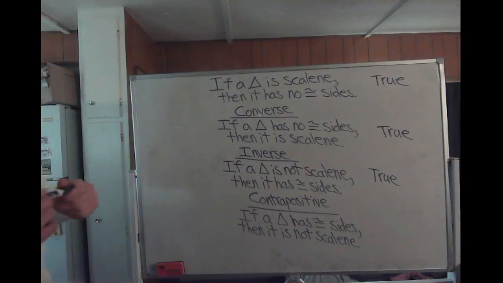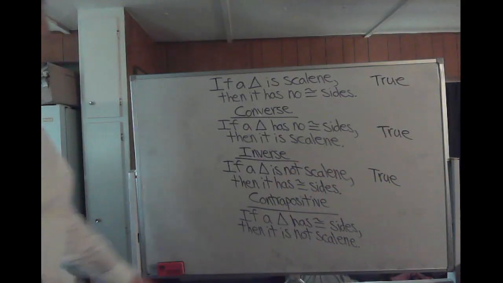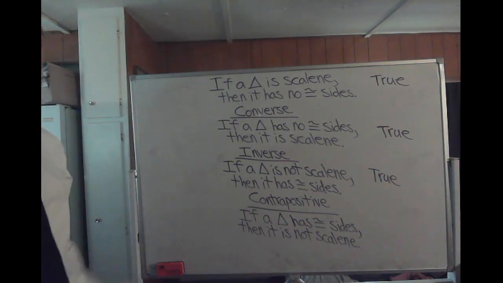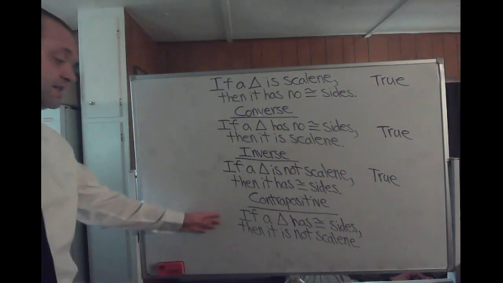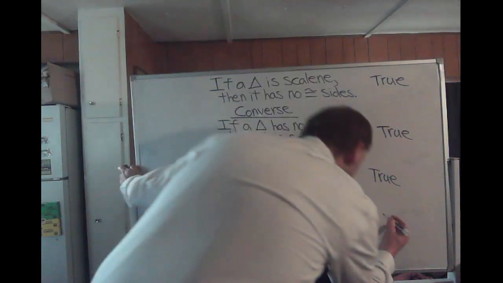If a triangle has congruent sides, then it is not scalene. Well, the only other two types of triangles are isosceles and equilateral, and both of them have at least two congruent sides. The equilateral has all three sides congruent. So the contrapositive is actually true in this case too.